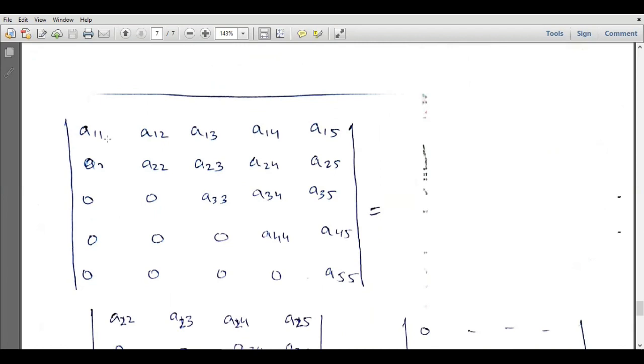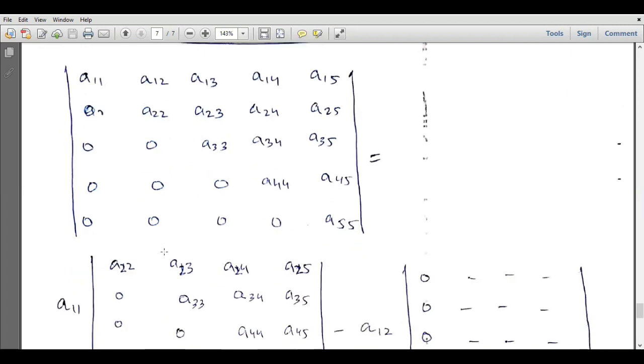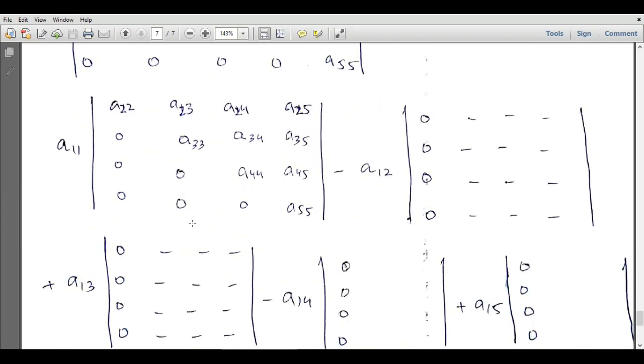So suppose we have a 5 by 5 upper triangular matrix, and these are the diagonal entries, and these entries below the principal diagonal are equal to 0. So the determinant of this 5 by 5 matrix can be written as A11 times determinant of this submatrix minus A12 times, so this second column and first row will be skipped, and the remaining entries will be used to form another matrix, and the determinant of that matrix will be taken over here, right?